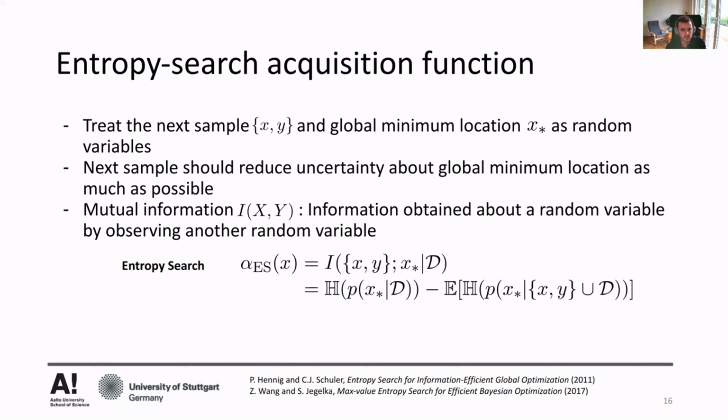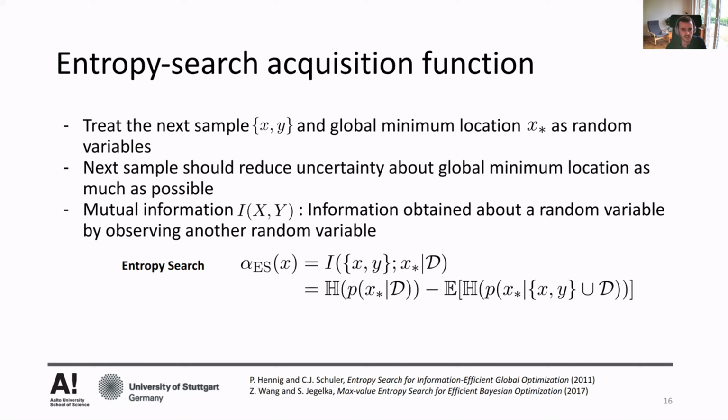And it consists of two terms: the entropy of the random variable, our unknown global minimum location, minus the entropy over the global minimum location, given that we have a new observation that we put into our data set. And since we haven't evaluated the simulator at this location X at this moment, we need to calculate the expectation value for this next observed value Y by using the posterior Gaussian process model.